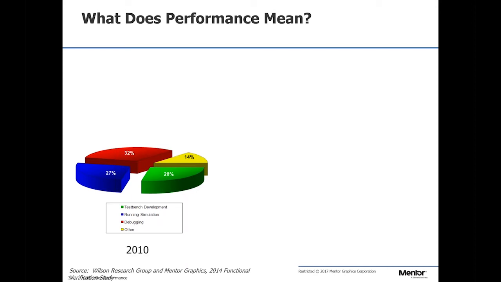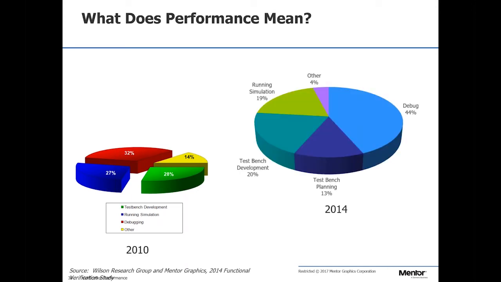We did this study again in 2014, and we were a little more granular in what we asked. Instead of just test bench development, we broke that up into test bench planning and then test bench development, running simulations. If you look at this now, creating the test bench was about a third of the time. Waiting for simulations to run has actually gone down to about 20% of the time, and the time spent debugging has gone from 32% to 44%.